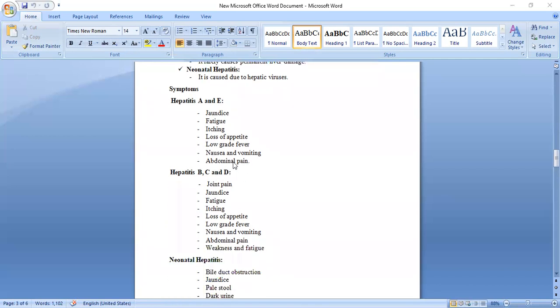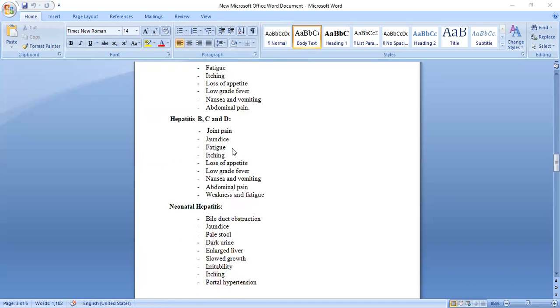Okay, yellow eyes, yellow urine, yellow coloration of the sclera of the eyes, isn't it? All the skin will become yellowish. All these symptoms of jaundice you can write down, because hepatitis causes jaundice, isn't it?